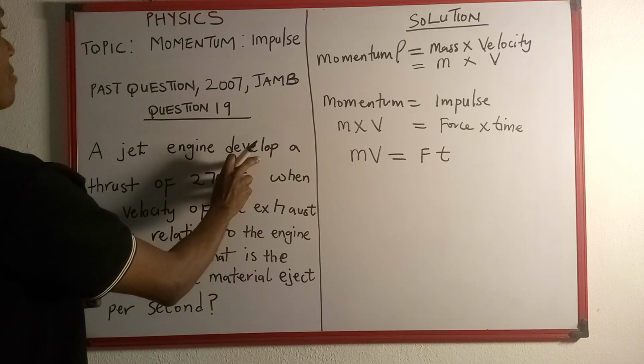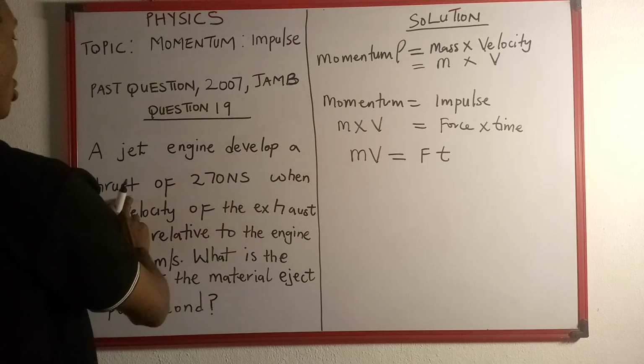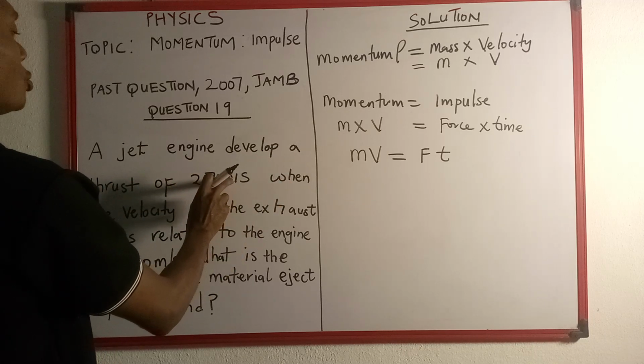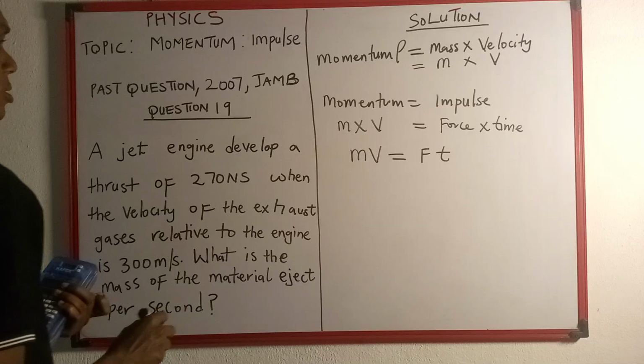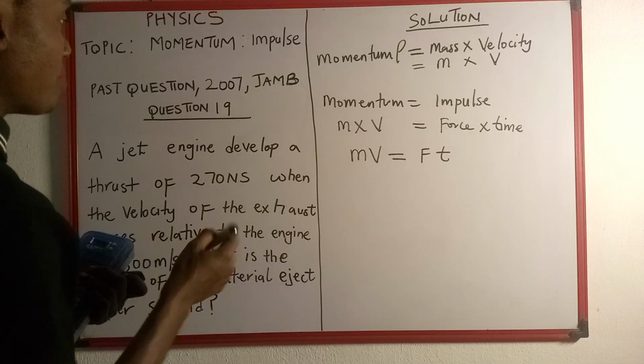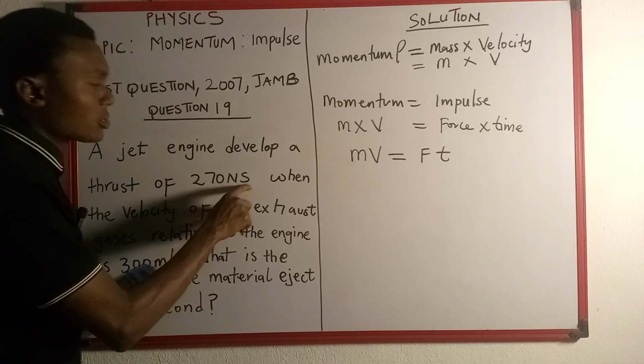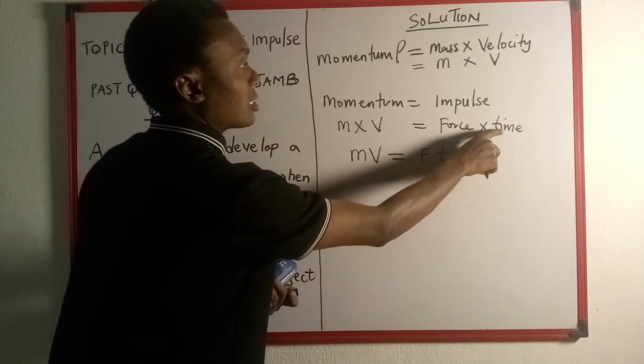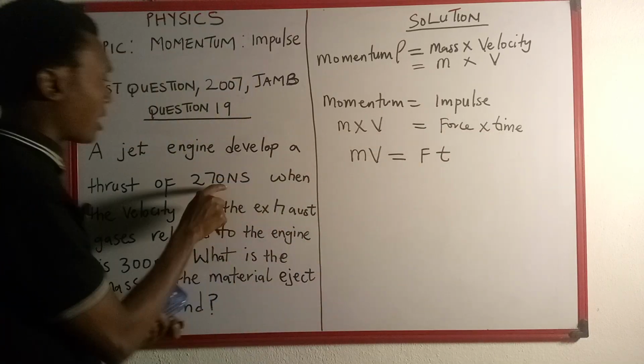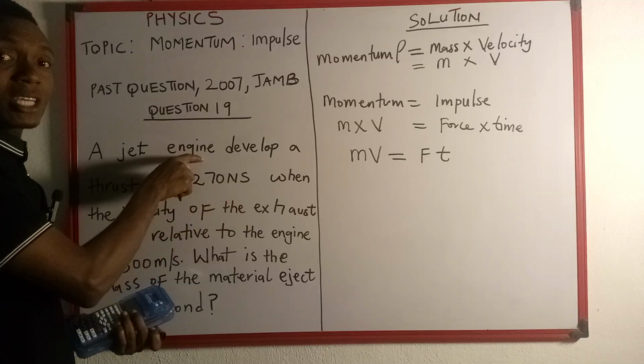Now, if you go back to the question, let's write down the parameters that were given in the question. A jet engine developed a thrust of 240 Newton seconds. Newton seconds: force is what? Newton. Time is what? Seconds. So they're trying to tell us that this is the impulse of that engine.